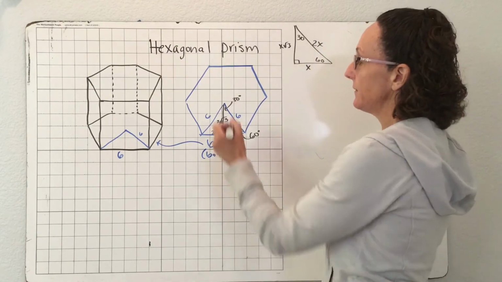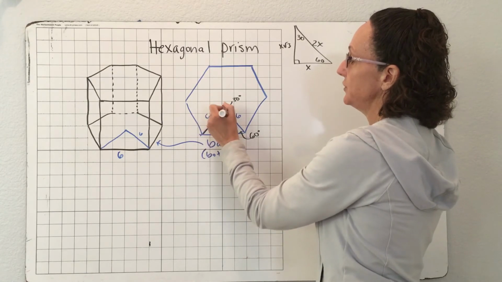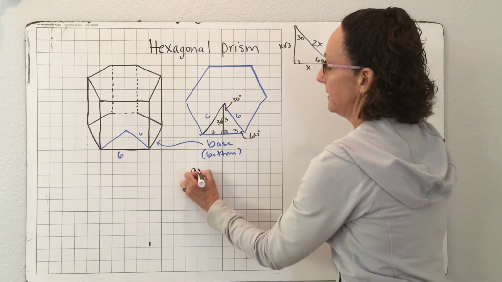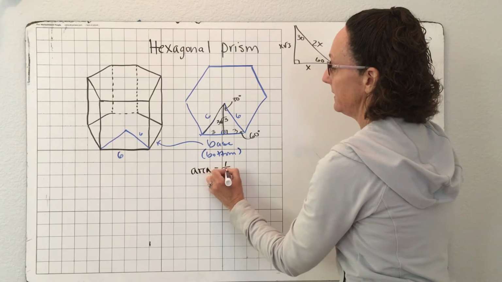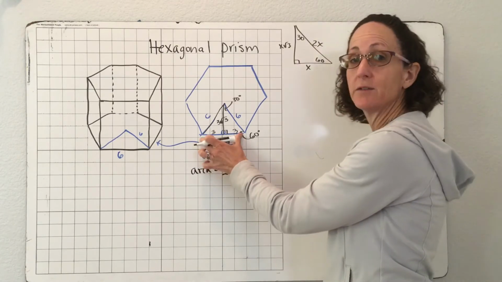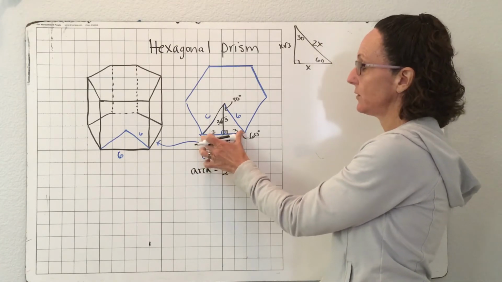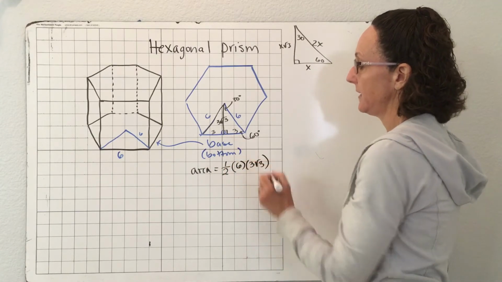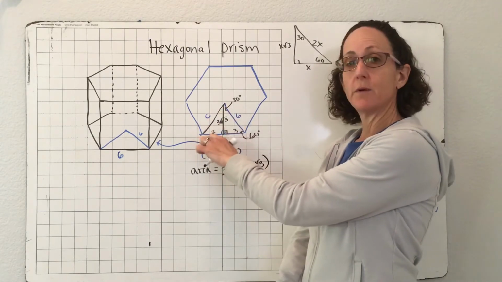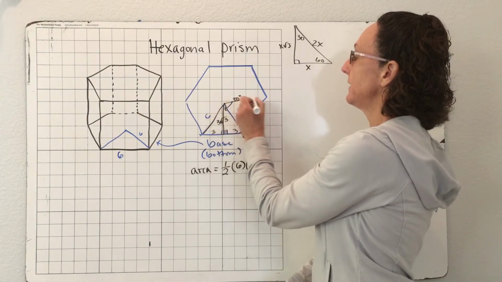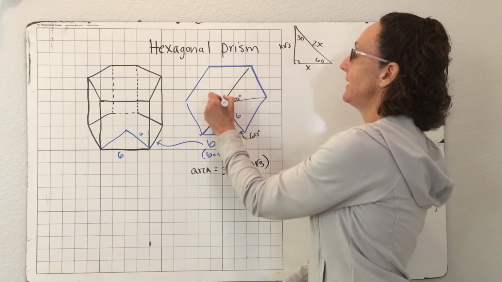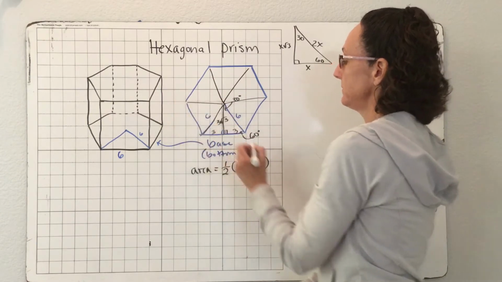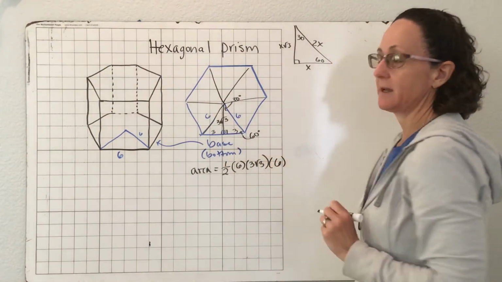Now we're going to find the area of just this triangle. The area equals 1/2, and remember when you find the area of a triangle, you use the whole base. So this whole base is 6, the height is 3 root 3. That's the area of just this one triangle. But when you have a hexagon, you actually have 6 of these triangles, so you have to multiply that by 6.